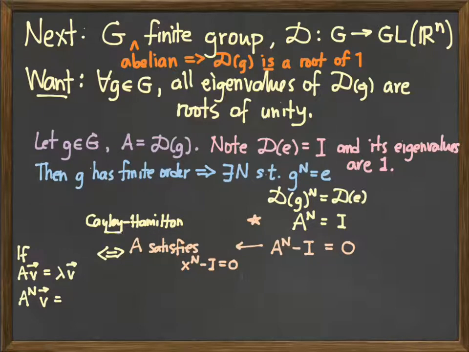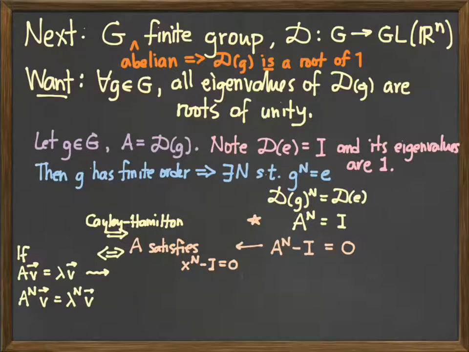By the way, Cayley-Hamilton is actually the other direction, the direction saying that A satisfies X to the N minus identity equals 0, so we're not going to need it here. We can prove what we're trying to show without the Cayley-Hamilton theorem.